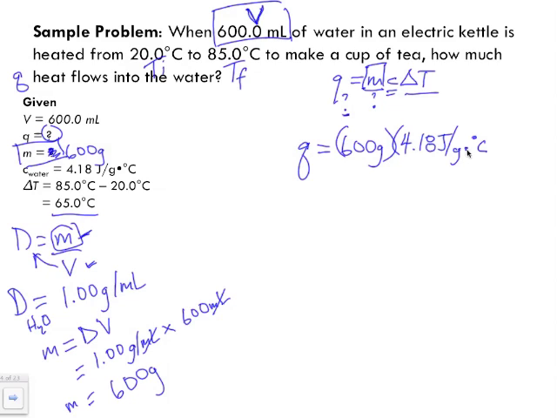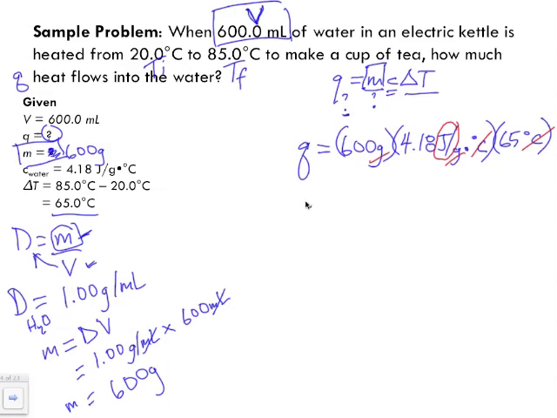This dot here represents multiplied, so grams multiplied by degrees Celsius, which is multiplied now by our delta T, which is 65 degrees Celsius. What's important, and I tell my students to try to keep their units going, is that the units cancel themselves out. So grams cancels out with grams, degrees Celsius cancels out with degrees Celsius. The only set of units that I'm left with is joules.